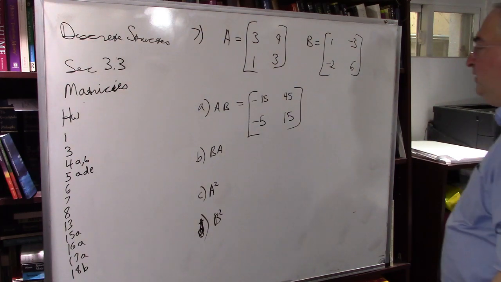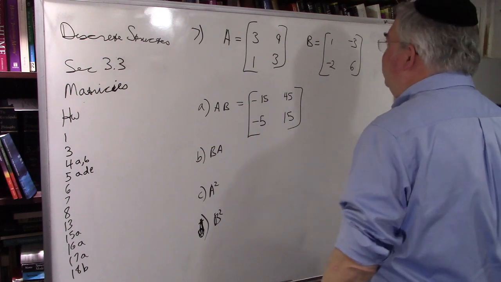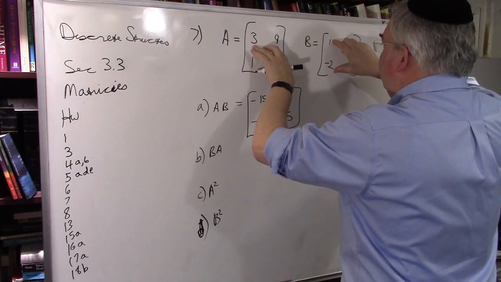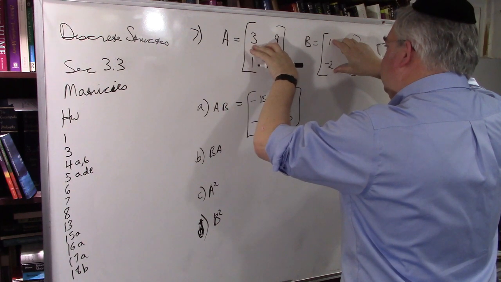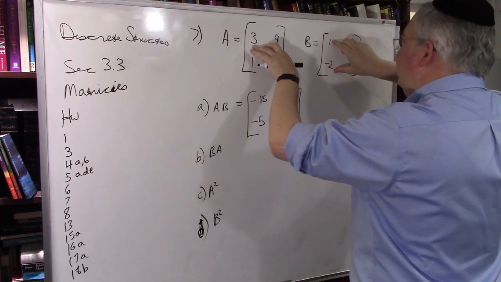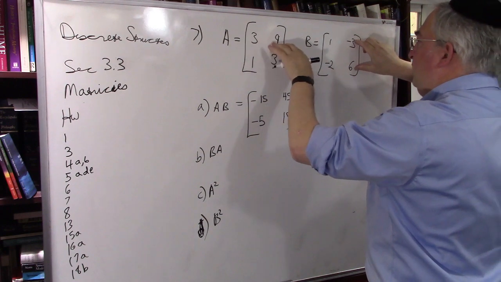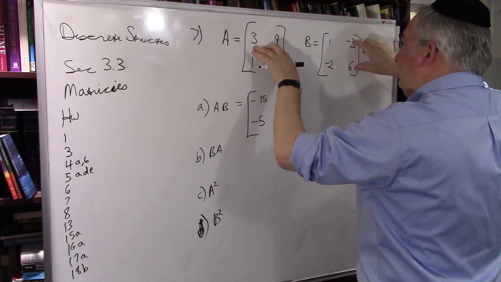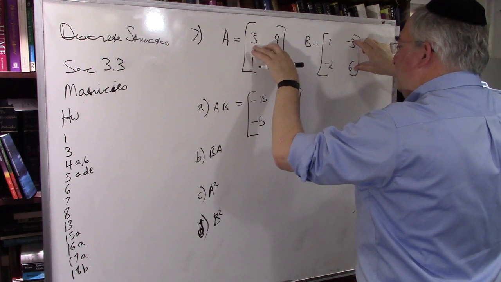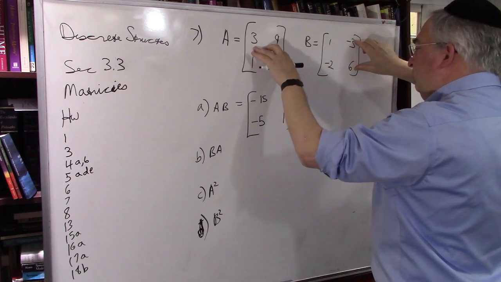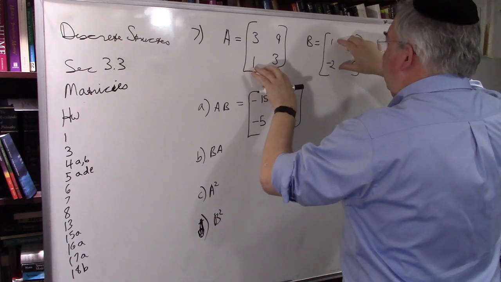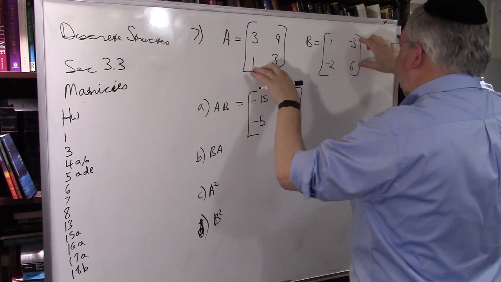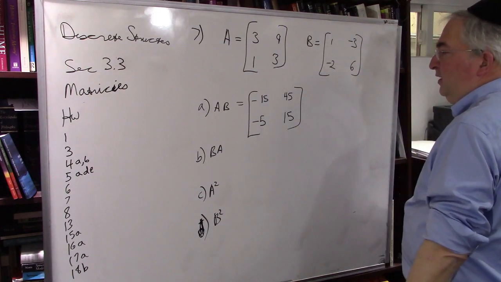Okay? It pays to recheck that. So let's do it again. 3 and minus 18 is minus 15. 54 and minus 9 is 45. And so that's minus 5. Okay, that works. Good.